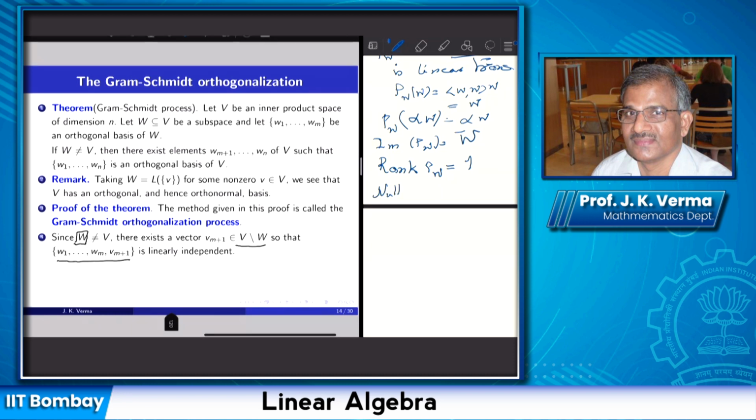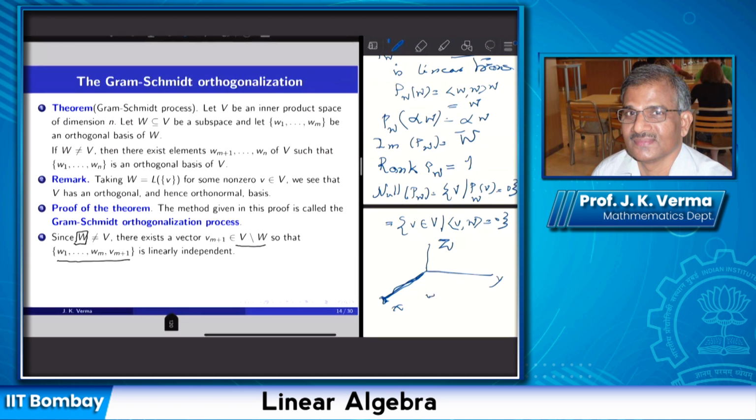And what is the null space? The null space of the projection operator is the set of all V so that the projection along the direction of W is 0. This is the set of all vectors in the whole space which are perpendicular to W. So let us say V is three-dimensional space, and my W is in the direction of the x-axis.